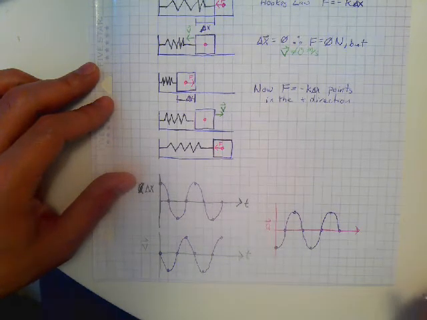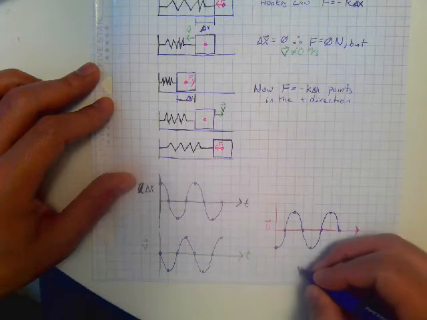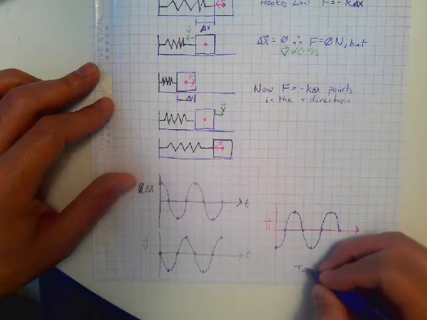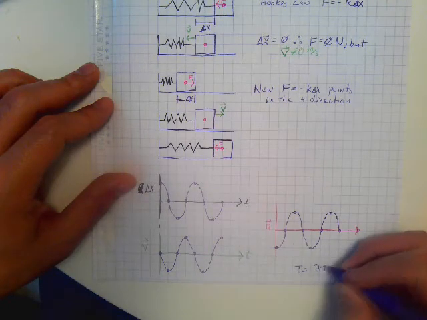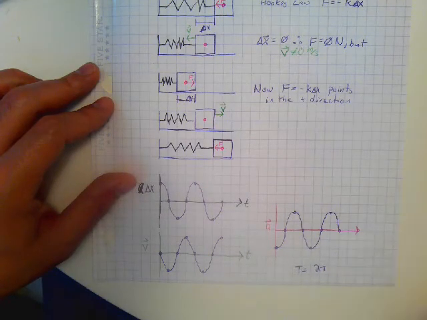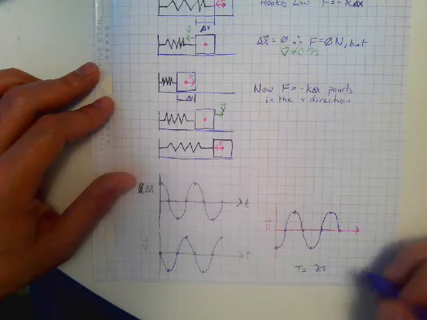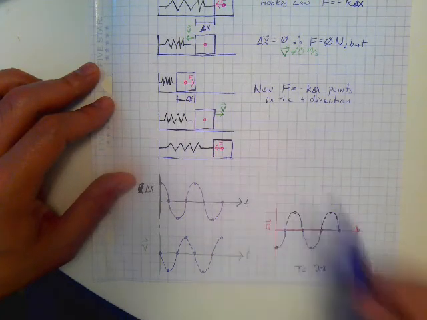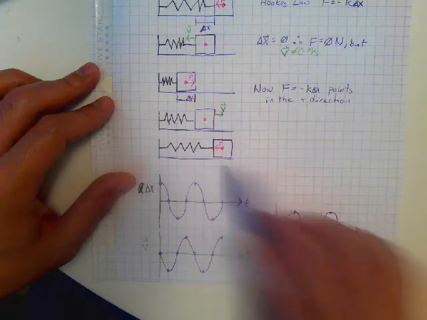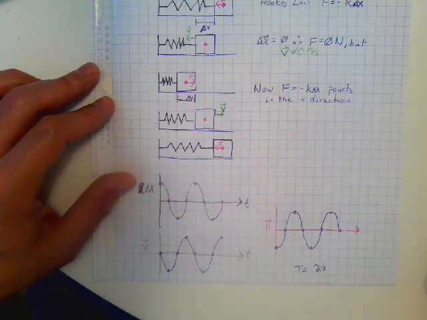So when we take a look at the period here, we're going to get a period that's 2 pi, and then it's going to depend on two things. It depends on how much mass this block has. The more mass it has, the slower the period would be.